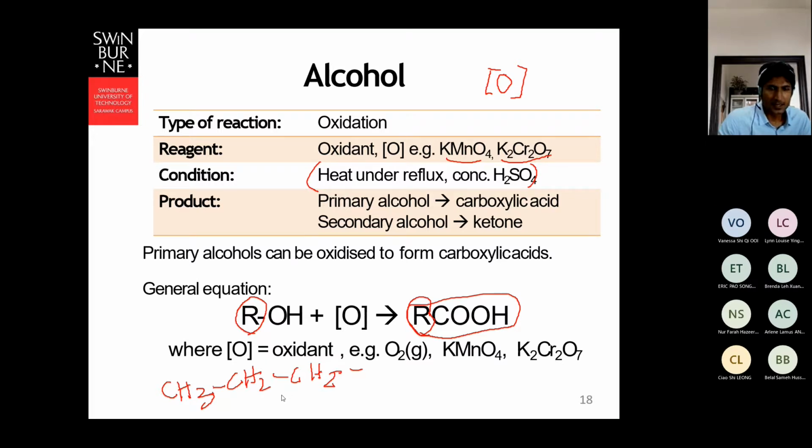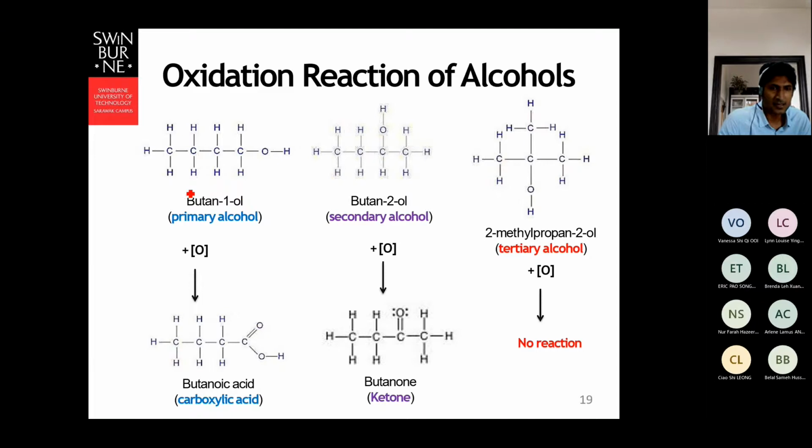Okay. So what I was saying is that there are different types of alcohols. What is the mechanism that happens? This is a first degree alcohol, butan-1-ol, because this hydroxy group is attached to a carbon that has two hydrogens attached to it.